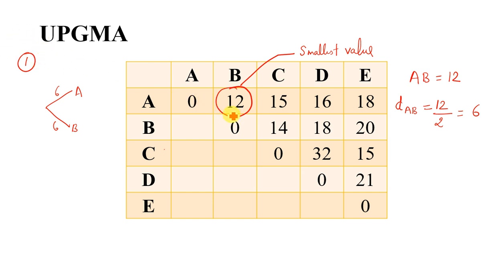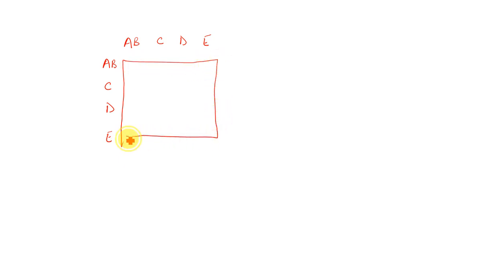Now from here you can see AB has become a common node. So the next matrix I will construct has AB as a common node, then C, D and E. Let's have these values here.